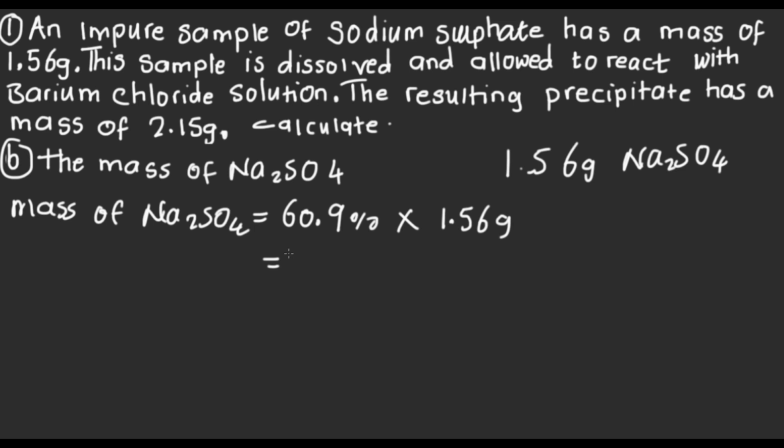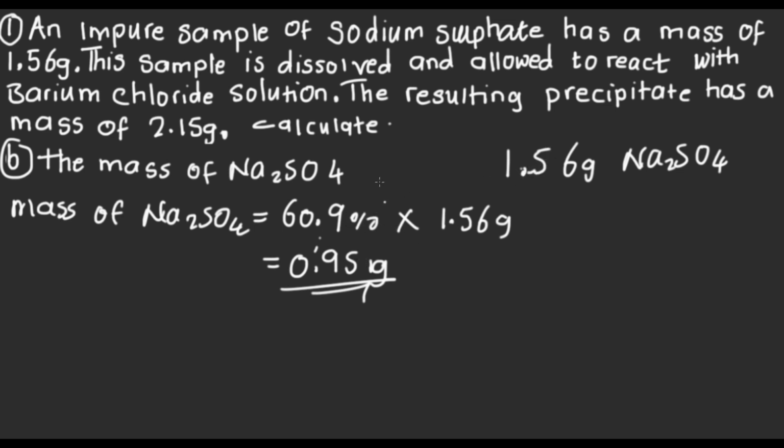So if we multiply 60.9 by 1.56, then I'm getting 0.95 grams. Which means that from 1.56, 0.95 grams was pure, and the rest was impurity.